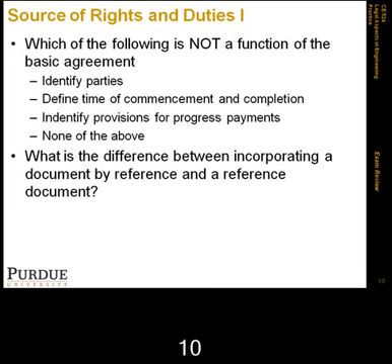And a question I have for you guys here for part 2: what's the difference between incorporating documents by reference and a reference document? Remember guys, when we talked about incorporation by reference and reference documents, incorporation by reference is that we have a group of documents that we include as part of the contract, such as, for example, our general and supplemental conditions.